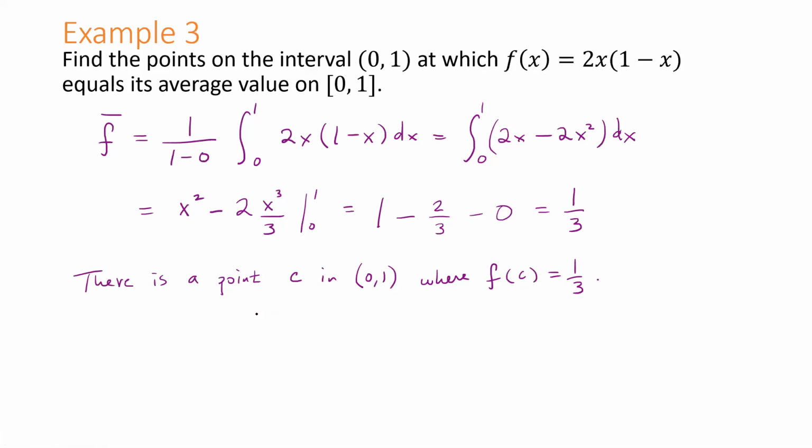So let's solve for that point c. We'll take our original f and set it equal to 1 over 3, which is 2x minus 2x squared.